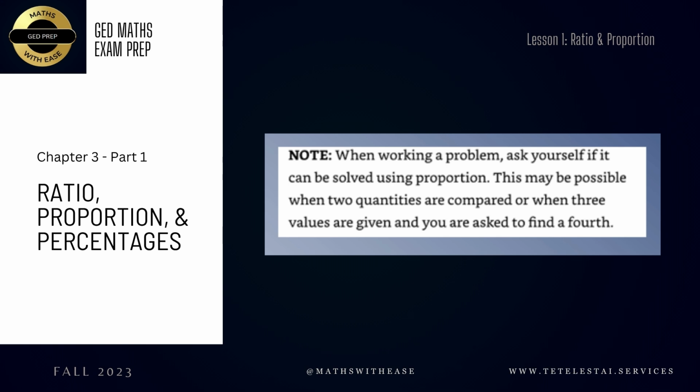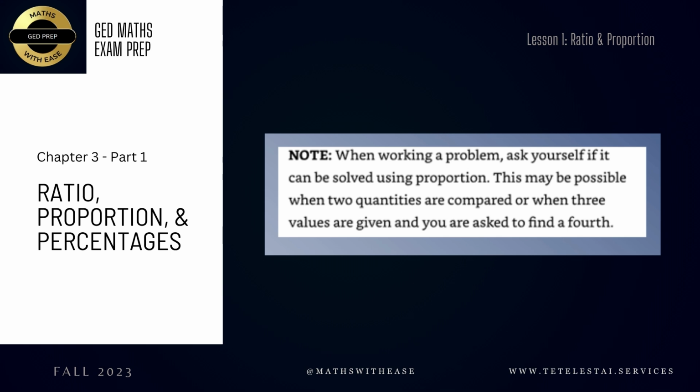Because there's such a similarity between ratios and proportioning, this note is just telling you to ask yourself if the question is one of proportioning, meaning do you have 2 ratios? And that will be the case if you're working with 2 quantities.